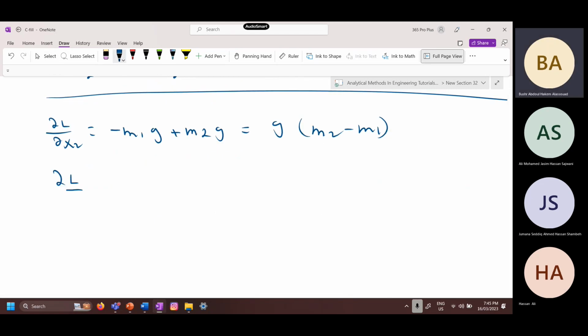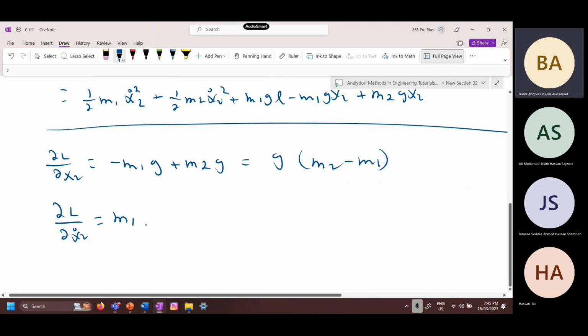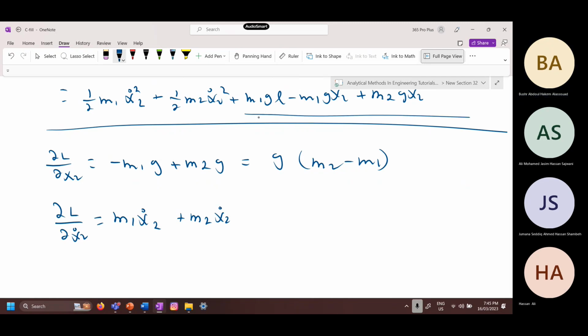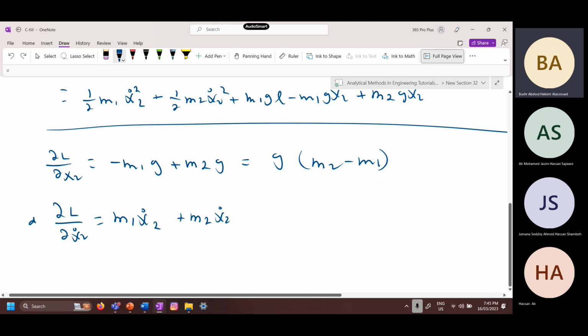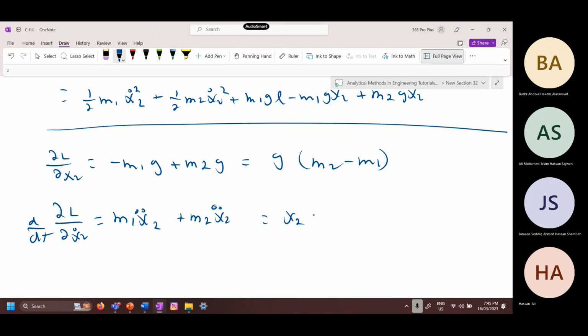We get partial L over partial x2 dot, which is m1 x2 dot plus m2 x2 dot. The other terms don't have x dot. Now you need to find the derivative with respect to time. So just add the dot here and you'll get these. Again, you can use a common factor, x2 double dot (m1 plus m2).